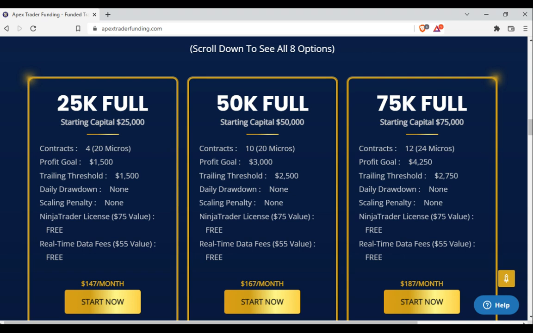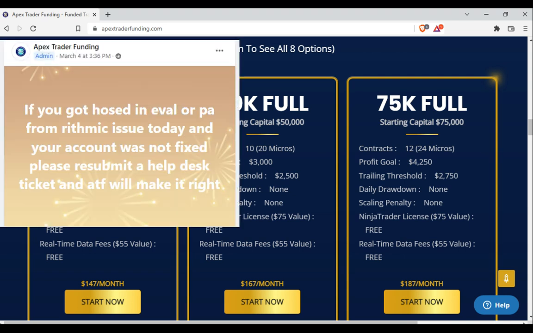So if you've been trading with NinjaTrader and you're using Rhythmic, one of the things that Apex Trader Funding has been doing is they've been going through and recognizing a lot of people have been having trouble. Here's a post in the Apex Trader Funding Facebook group that they put out.